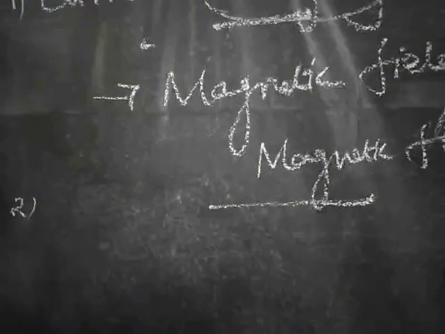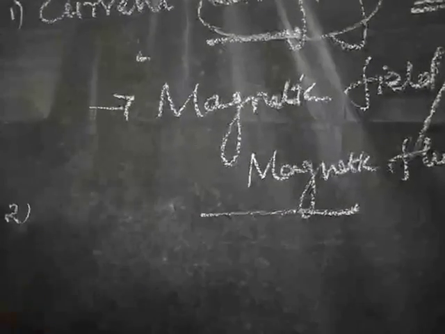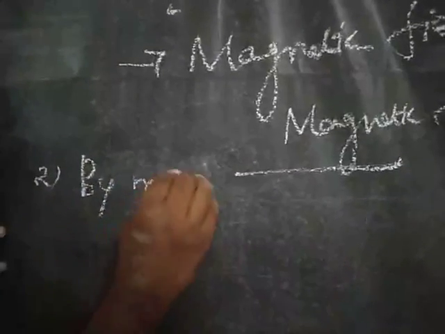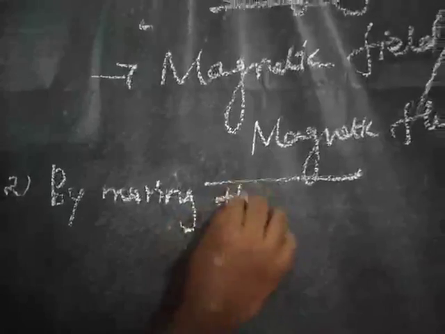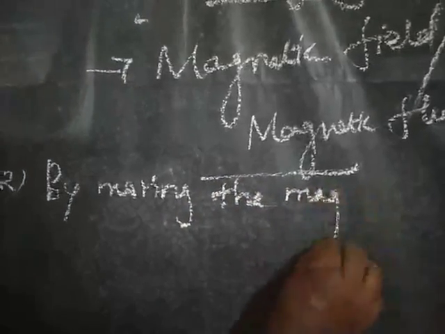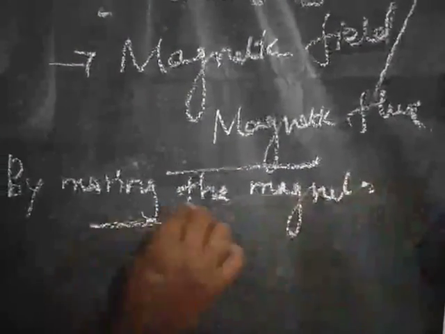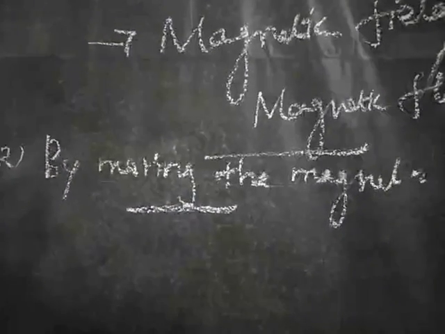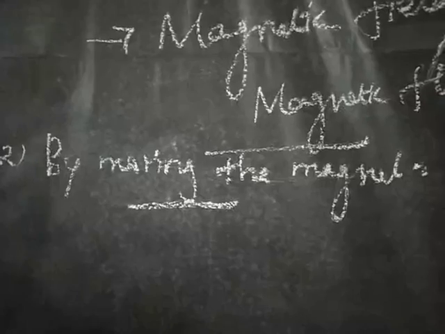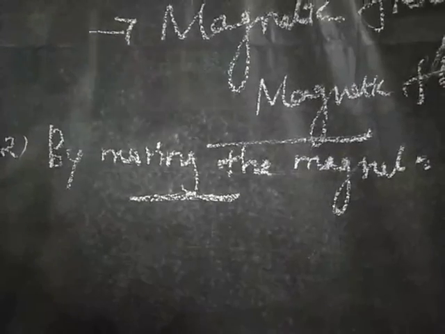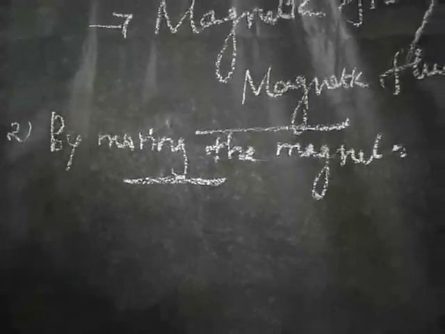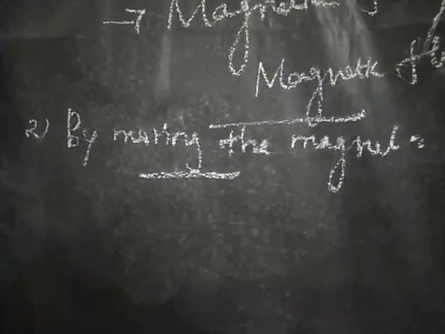Second one, electromagnetic induction by moving the magnet. In this experiment, current is generated by movement of the magnet in and out of the coil.